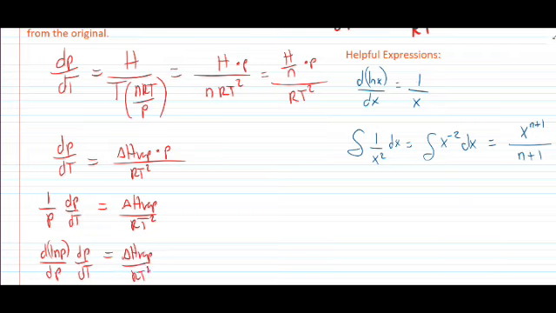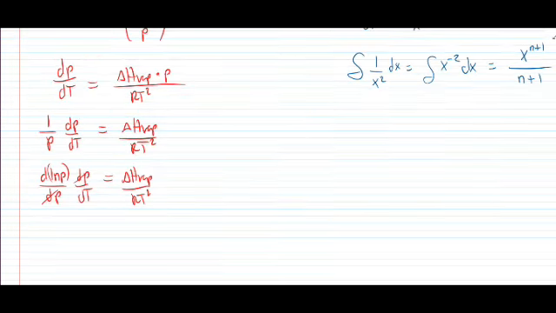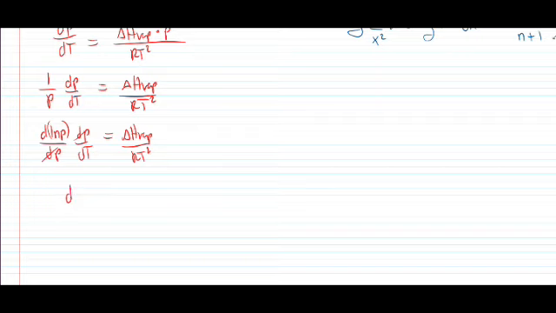And so what we get from that is that dP cancels, and now I've got d ln P over dT equals delta H of vaporization over RT squared.